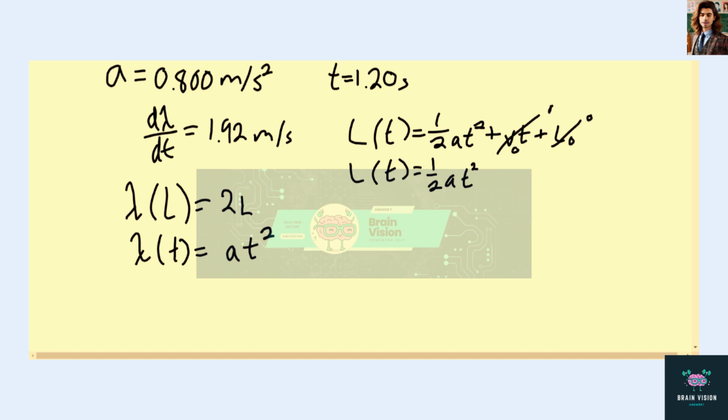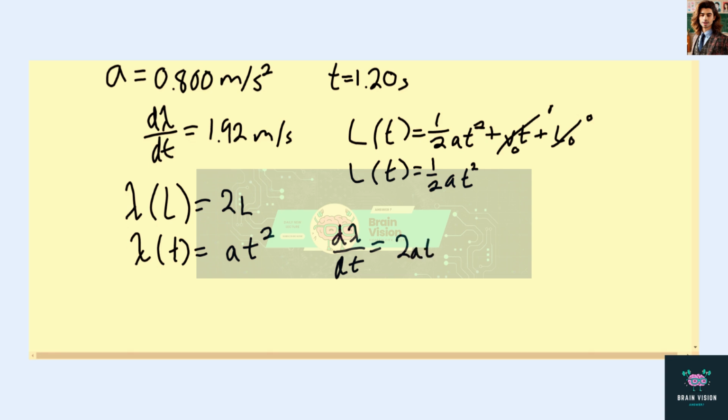Lambda is 2L, so 2 times 1/2 AT squared is just AT squared. So our formula for lambda in terms of time is AT squared. If we take d lambda dt, and we take the derivative of AT squared, we end up with 2AT.